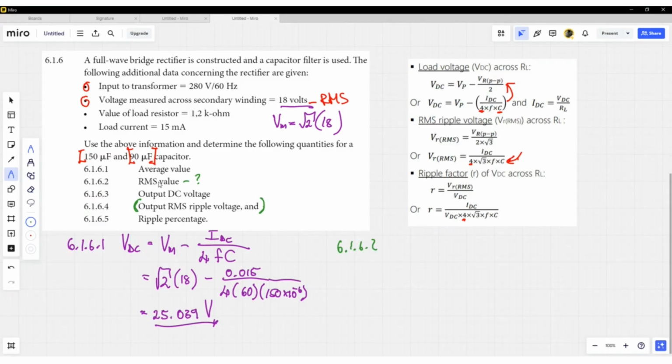In fact, I think this RMS and average value, this is your AC. So they're not very clear on what they want you to calculate there. That could be either your input to your transformer that you're calculating there. So not really clear. So let's just say we calculated 6.1.6.3 here.